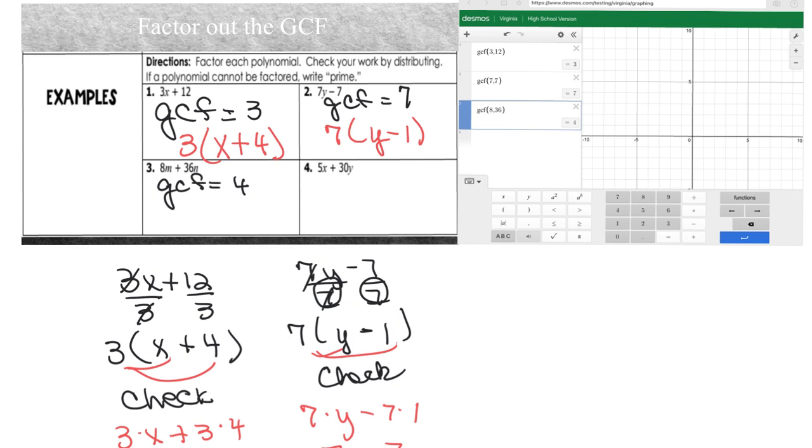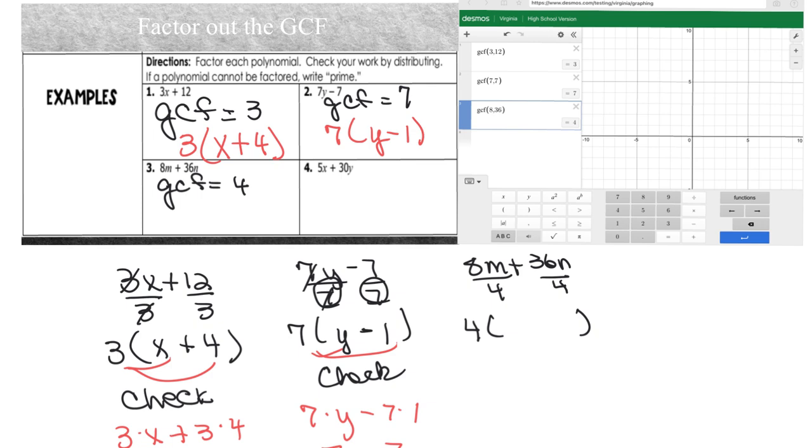To get my answer, I'm going to take my original problem, and I'm going to divide each term by the GCF. And my answer is going to be the GCF, which is 4, times the parentheses.